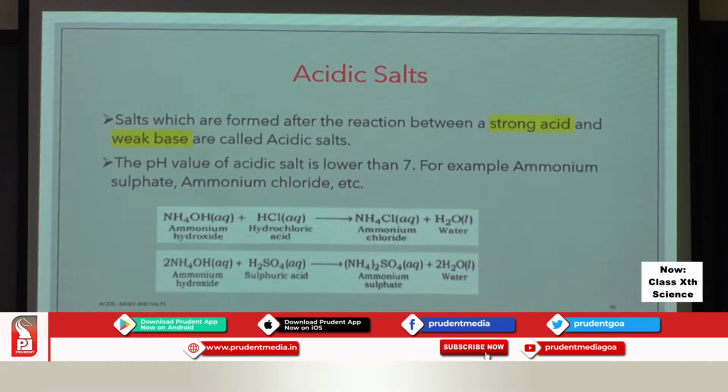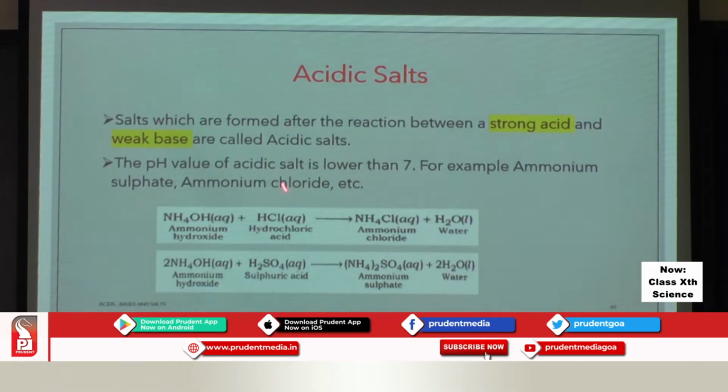You can see over here, students, the first example is ammonium hydroxide. When it reacts with hydrochloric acid, the salt formed is ammonium chloride, because ammonium is going to displace hydrogen and combine with chloride, forming ammonium chloride and water. Similarly, ammonium hydroxide reacts with sulfuric acid.